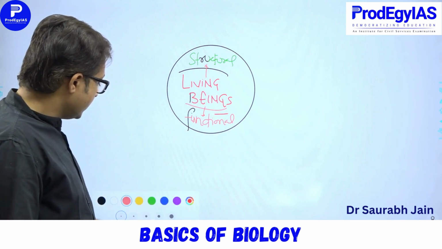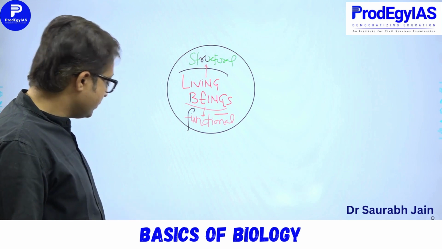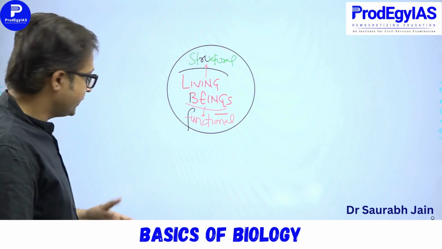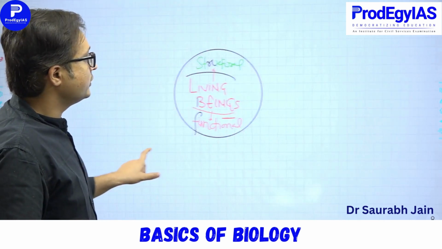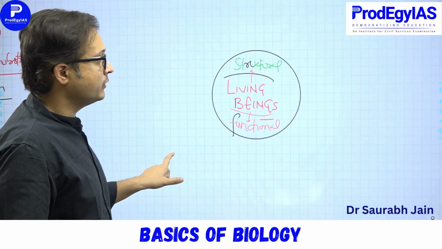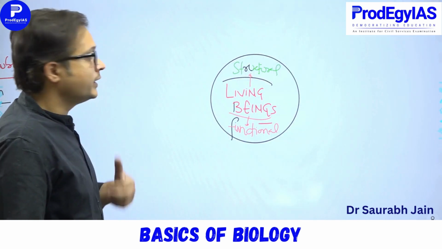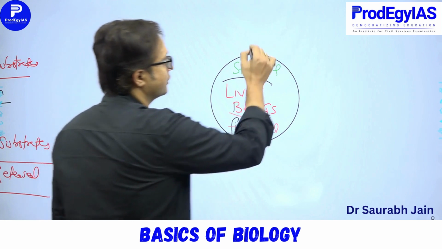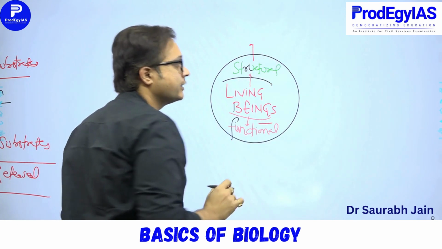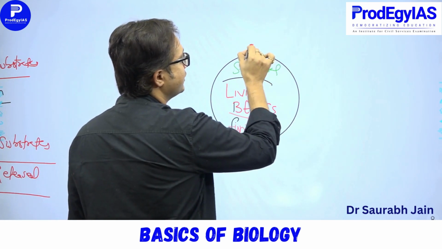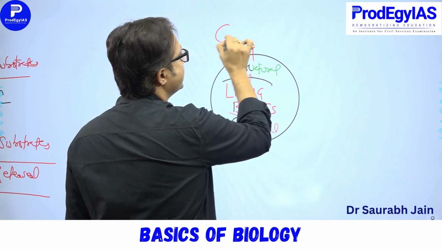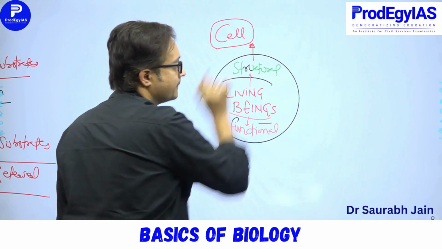So when you understand the structural component of living beings, how do you define it? The very basic unitary structure that a living being will have is termed a cell.